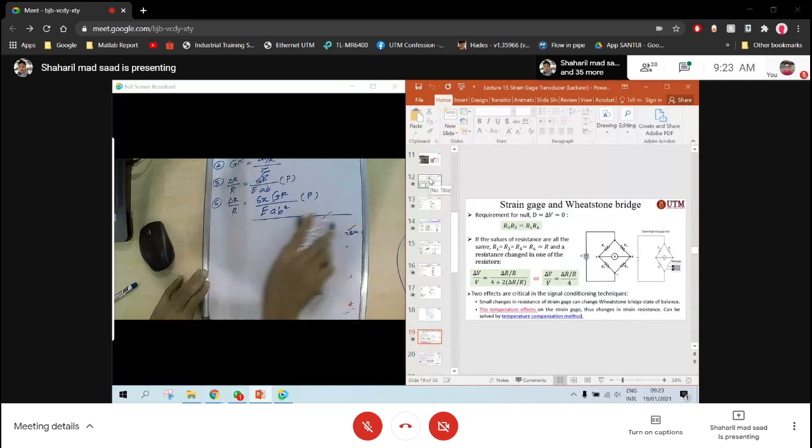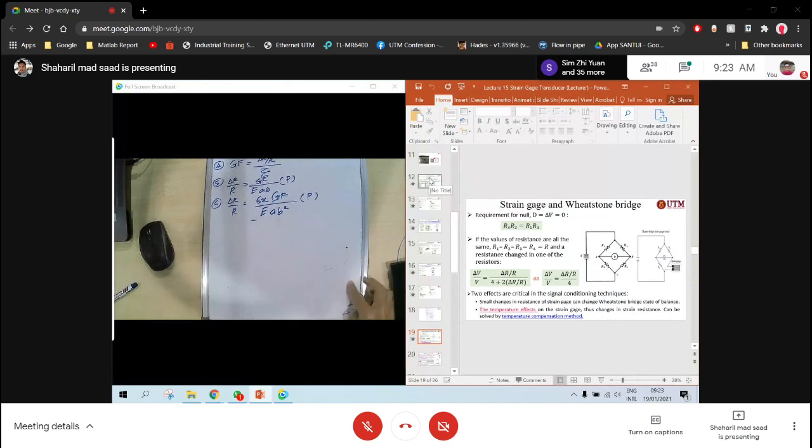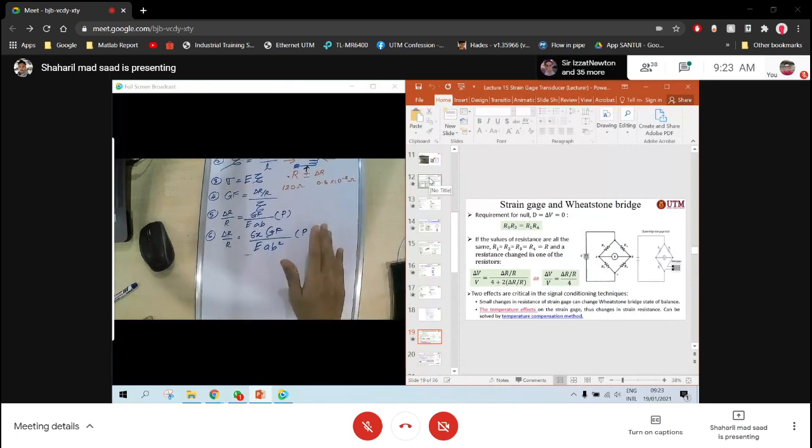Then the next one, the formula. Normally we combine our strain gauge with the Wheatstone bridge.